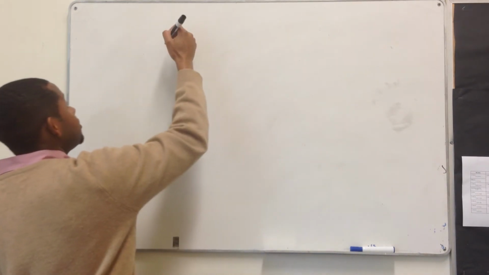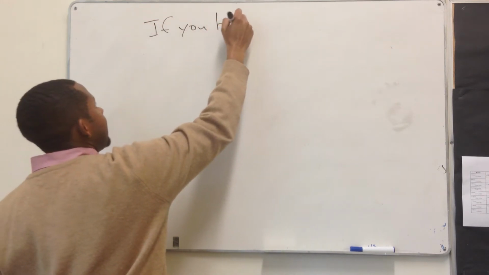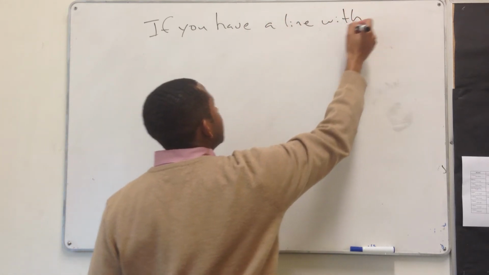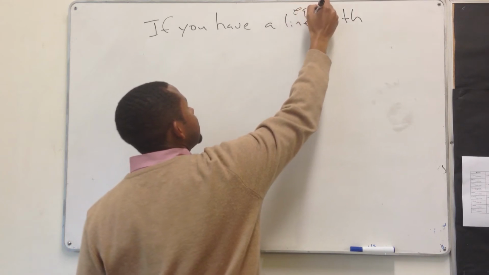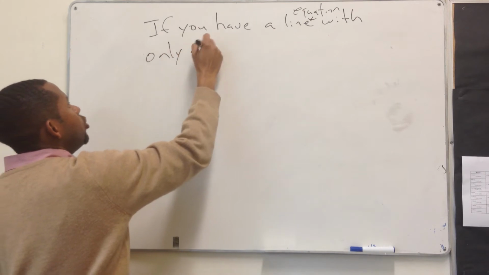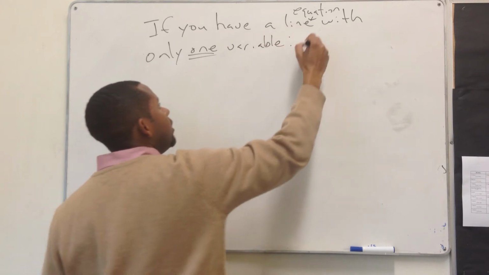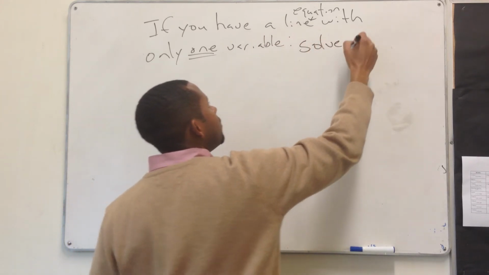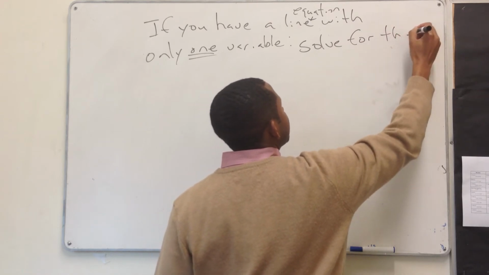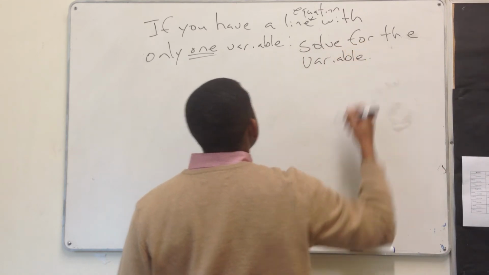Anyway, so here's what you do. If you have an equation of a line with only one variable, solve for the variable. Okay? First.